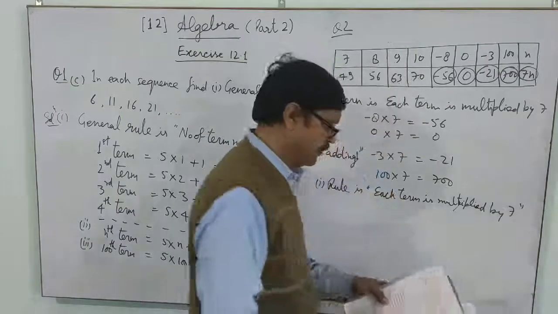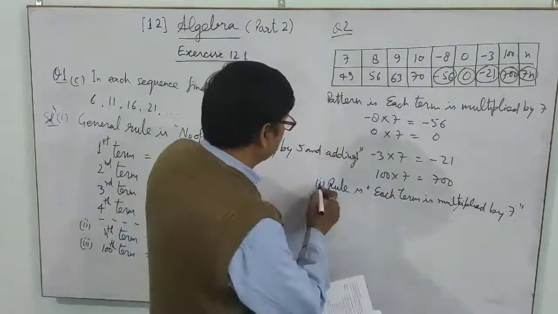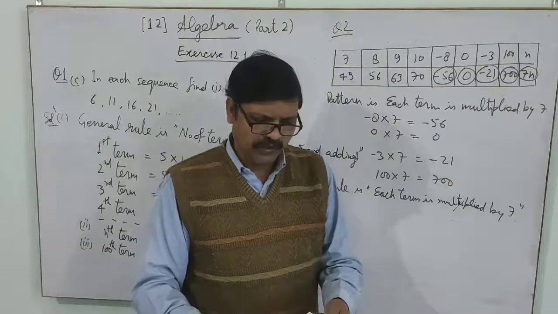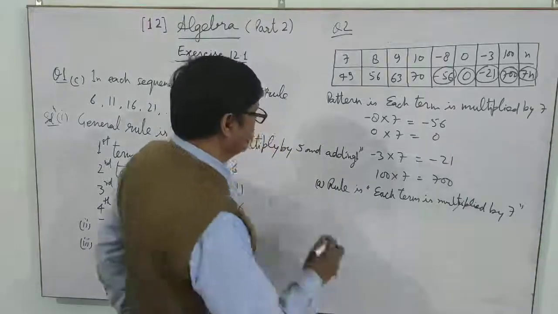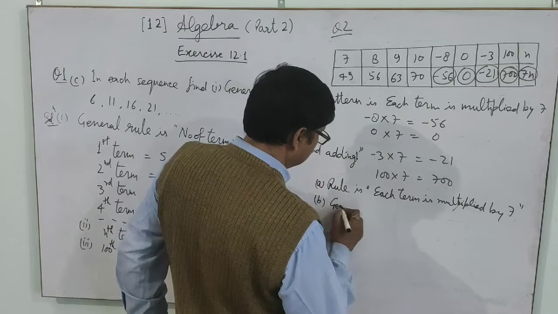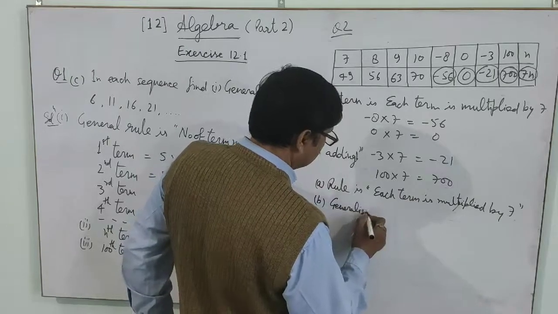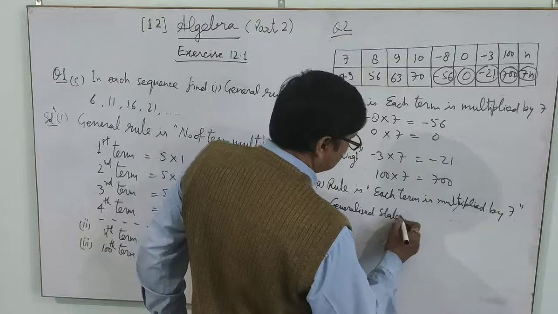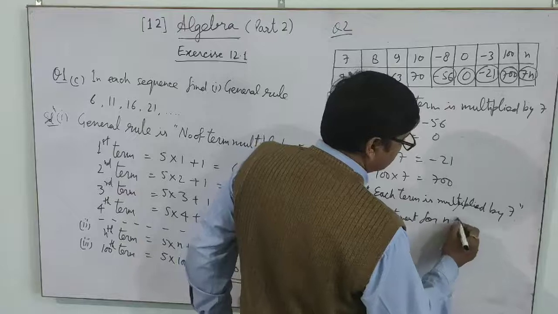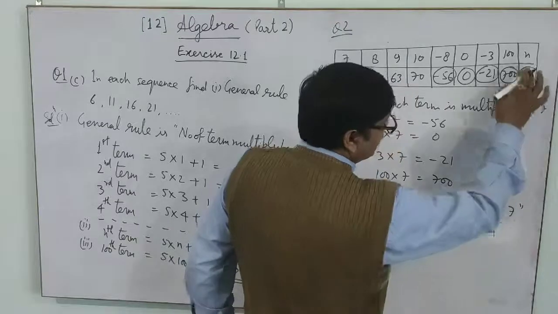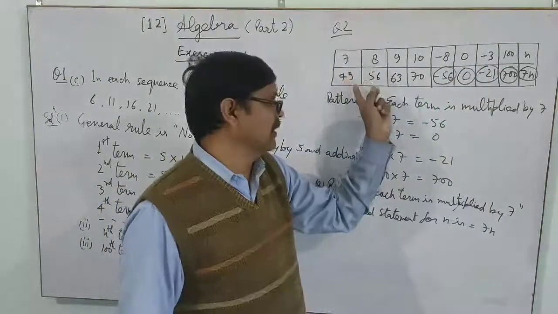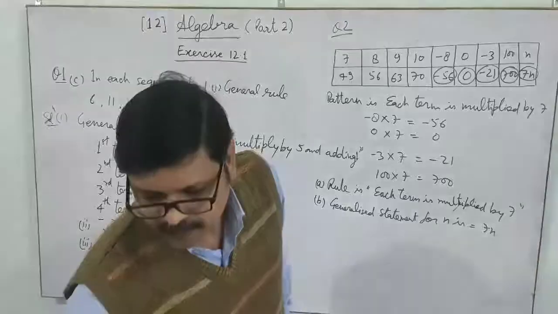This is the rule. This was the A part. B part: the generalized statement for n in each case. The generalized statement for n is 7n. Means if we multiply these n by 7, we will get each term.